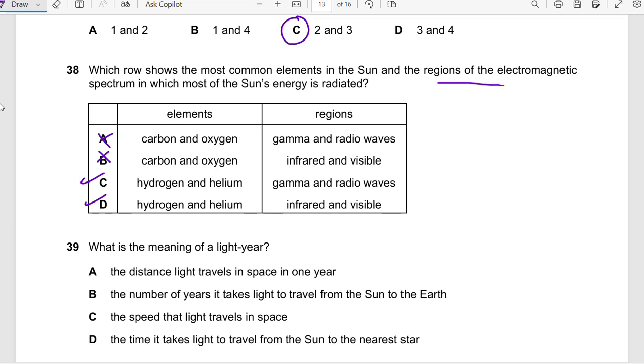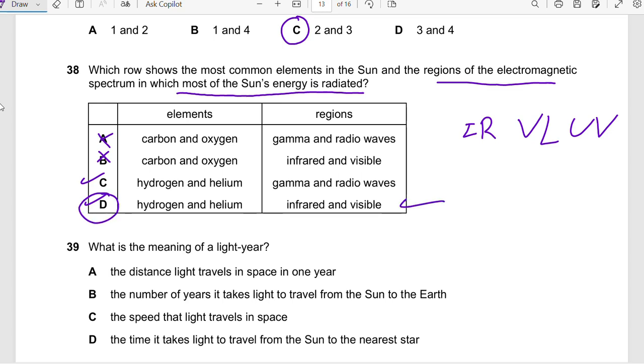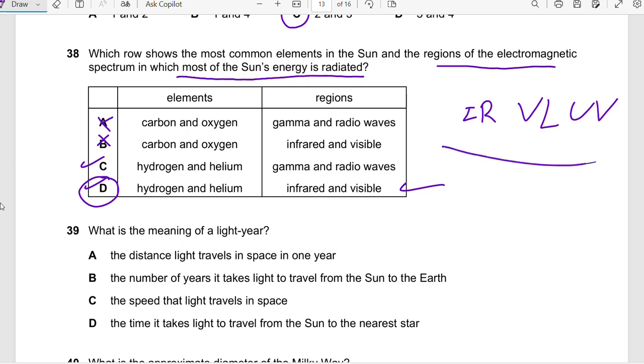Also, regarding the regions of the electromagnetic spectrum in which most of the sun's energy is radiated, there are 3 regions: infrared, visible light, and ultraviolet. The 3 of them have most of the energy of the sun. So which option here? They say in D, infrared and visible. So option D. I hope it's clear. These 3 I should also memorize.